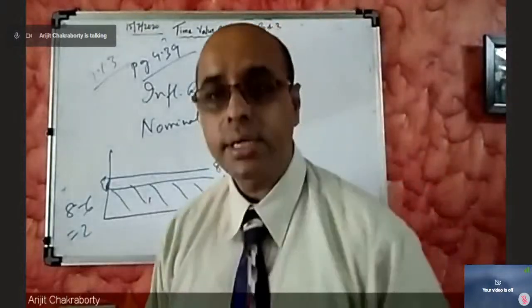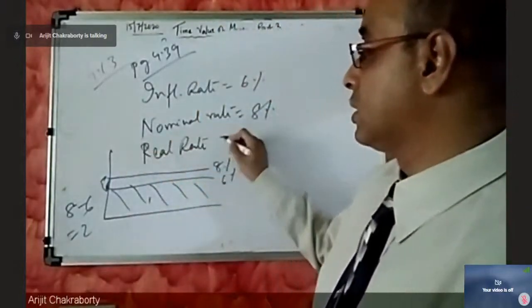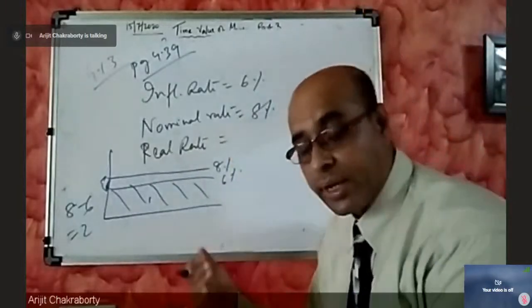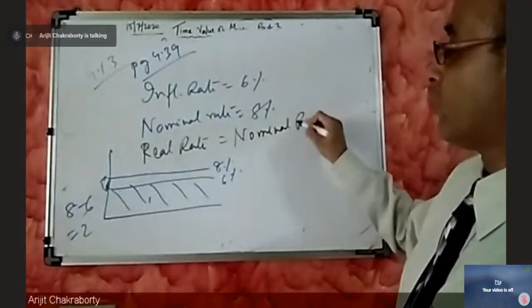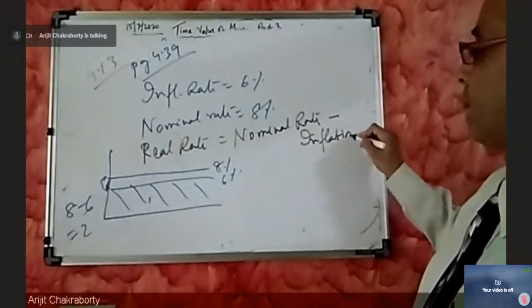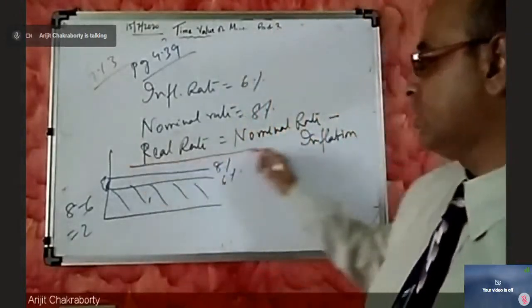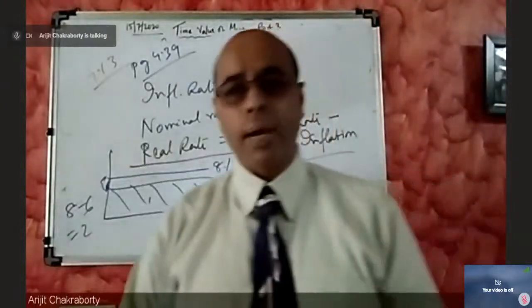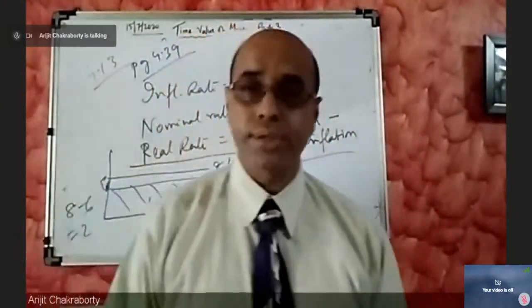So the formula is: real rate of return is equal to the nominal rate minus inflation. So please remember this. I think we discussed a lot about inflation, and what is the impact of inflation on purchasing power? Of course, the opposite of inflation is deflation.